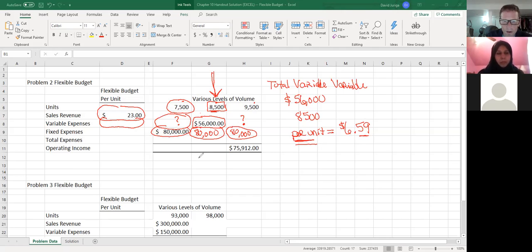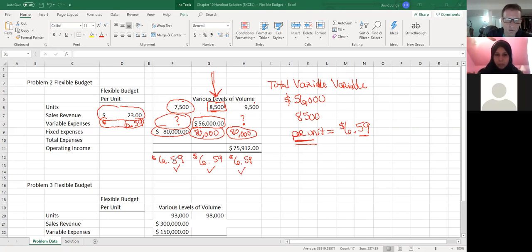So if we know our per unit variable cost, and I'll pencil this in here at 6.59, wouldn't that be true for all of these units of activity? Because it is a variable cost per unit, the per unit is constant.